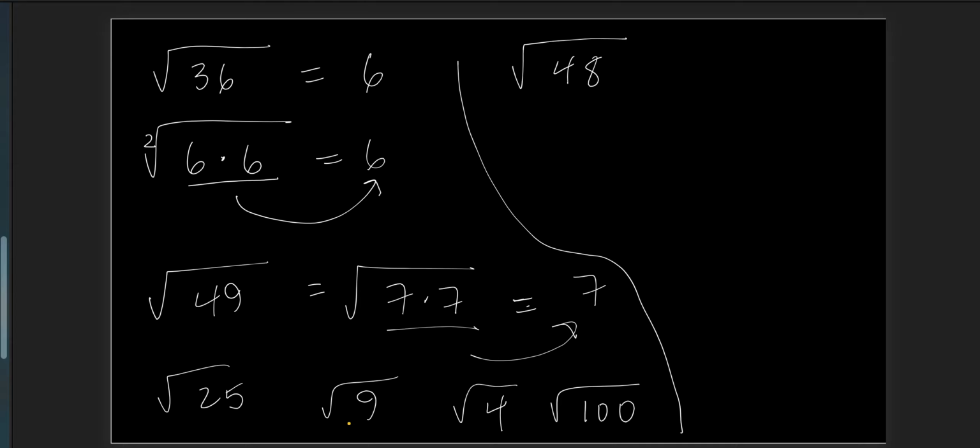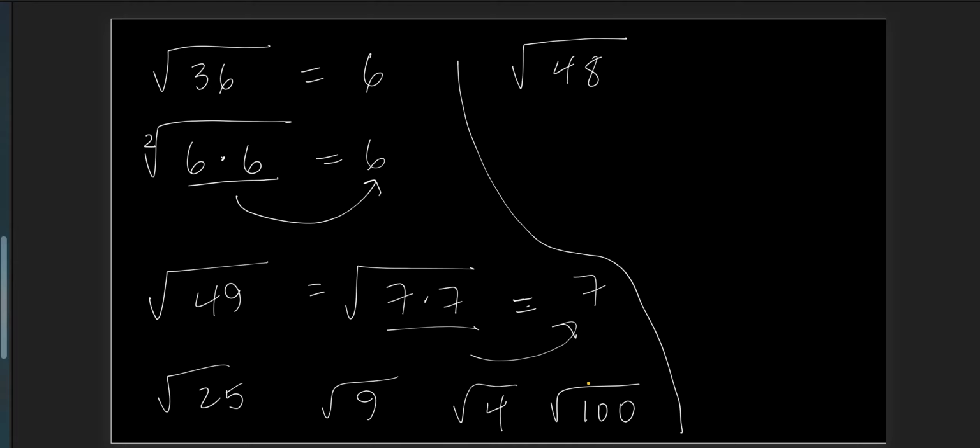So square roots are the opposite operation of exponents, at least squaring. One way I rewrote this: square root of 36 I rewrote as 6 times 6. Anytime you see two numbers that are the same, you take one out, and that's your answer. So square root of 49, I rewrote 49 as 7 times 7. Anytime you have two of the same like that, you take one out, and that's your answer. Just a way to look at that.